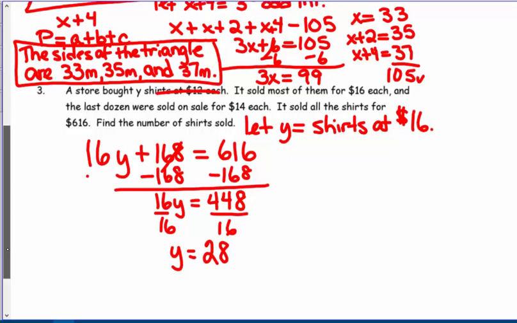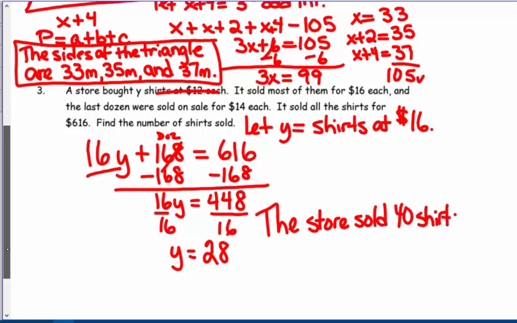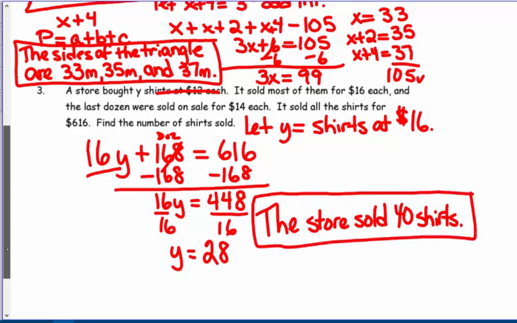So the $16 for the shirts that I found, plus this dozen that's right here, got to add those back in. So the store sold 40 shirts, would be my sentence answer. The store sold 40 shirts. And we're going to do some more word problems just like this in class tomorrow.